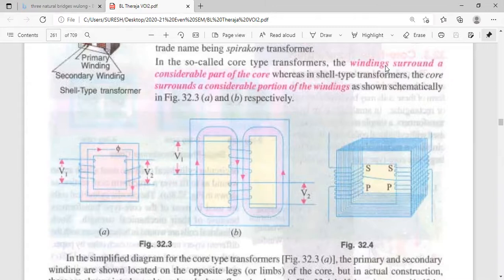Core type definition: winding surrounds considerable part of the core. This winding is covering the core. See, maximum winding is covering the core. You write the definition in your notes. In core type transformer, winding surrounds considerable part of the core.